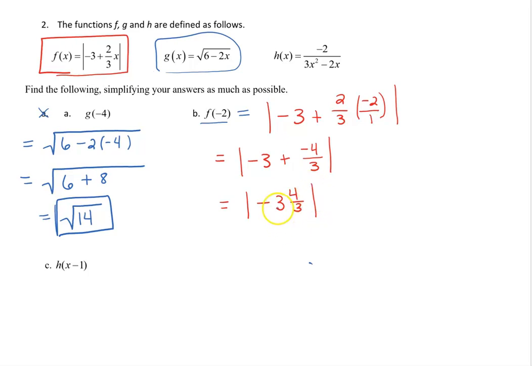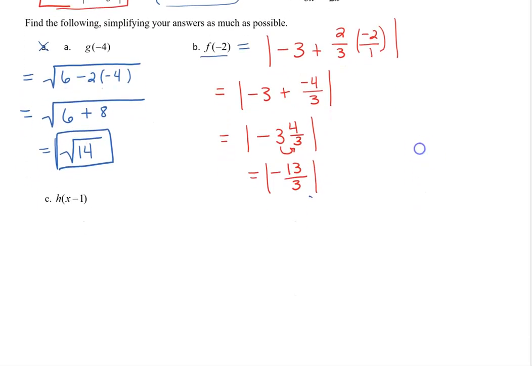But that's a mixed number with an improper fraction, so we need to clean this up a little bit. So we're going to change this to improper. -3 times 3 is -9. And we just do 3 times 3 is 9. 9 plus 4 is 13. So it's -13 over 3. But we haven't taken the absolute value yet, so we continue to carry those down. And so finally, the absolute value of -13/3 is +13/3. And that's our answer.